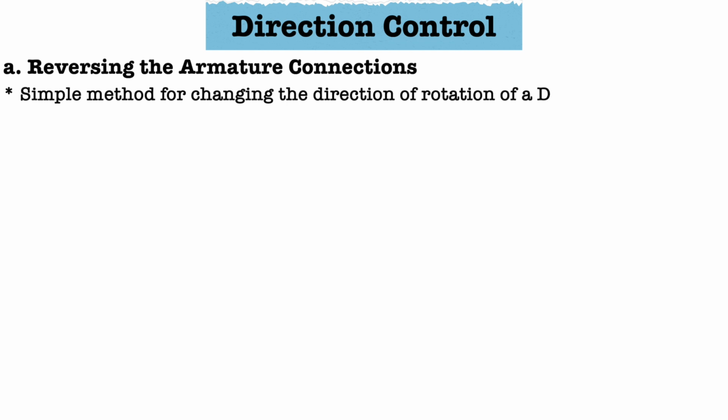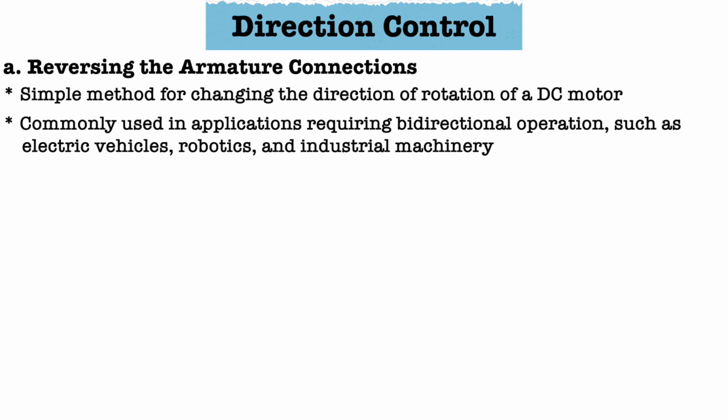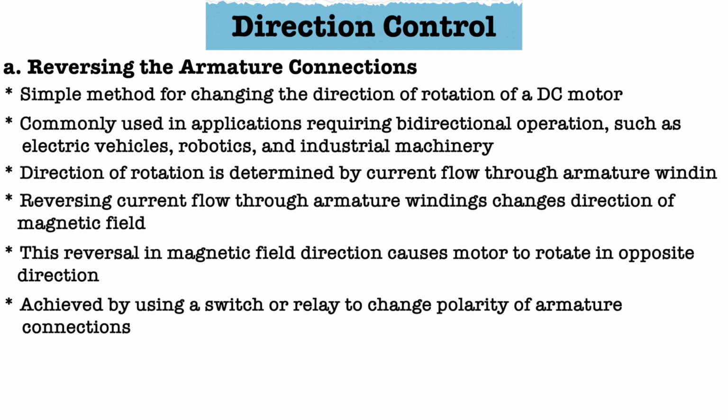The third one is directional control. We can achieve the direction control by reversing the armature connections. The direction of rotation of a DC motor is determined by the direction of current flow through the armature windings. Reversing the direction of current flow through the armature windings changes the direction of the magnetic field produced by the armature.